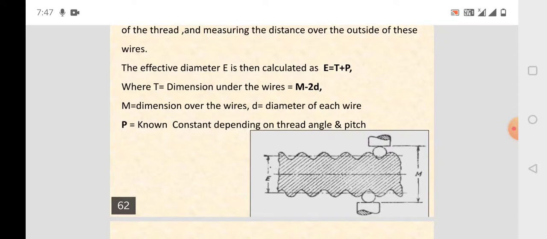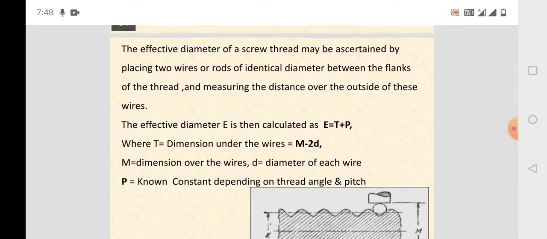So this M is shown. This is the top view, with two wires placed here. The circles shown are the wires, the needles, and these are the anvils. This is the outside dimension which we are taking. It is denoted as M.